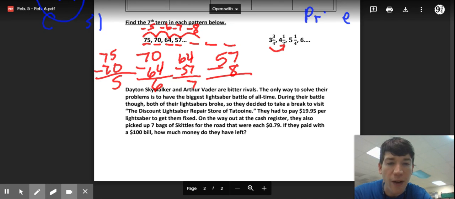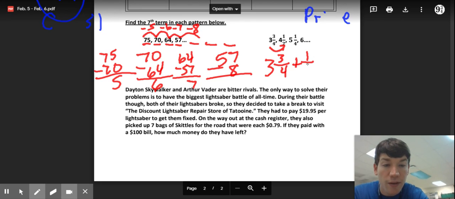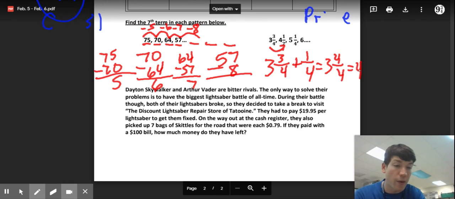I could use a little bit of logic as well. I know that if I had 3 3/4, which I do, and I added a fourth to that, that would give me 3 4/4, which would be 4 wholes, which is kind of what I have here. Now, I would just need to add one more half to that.